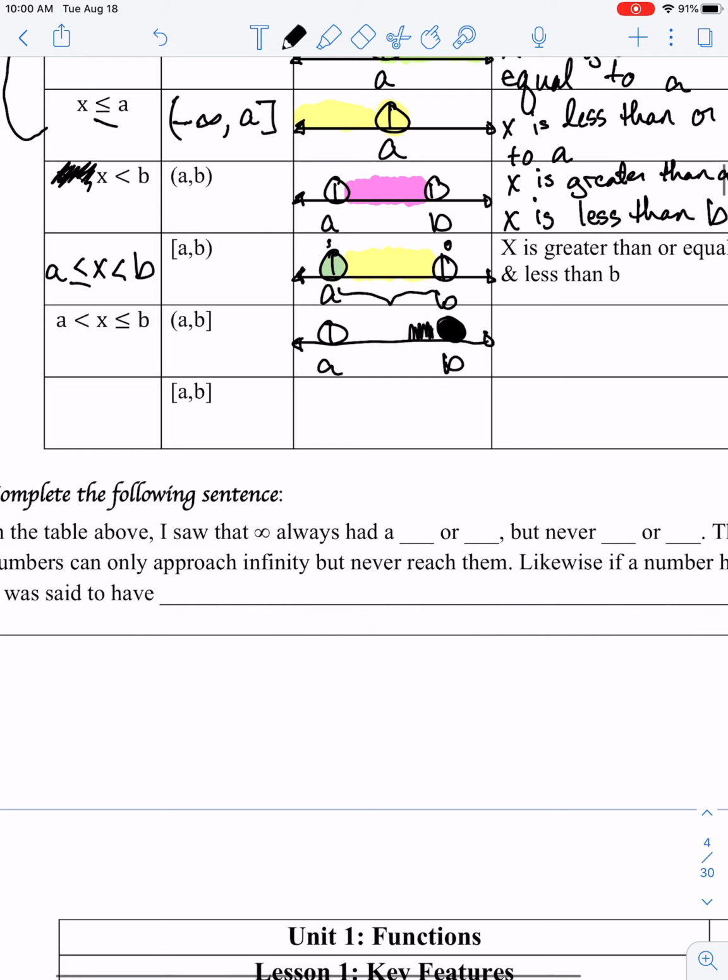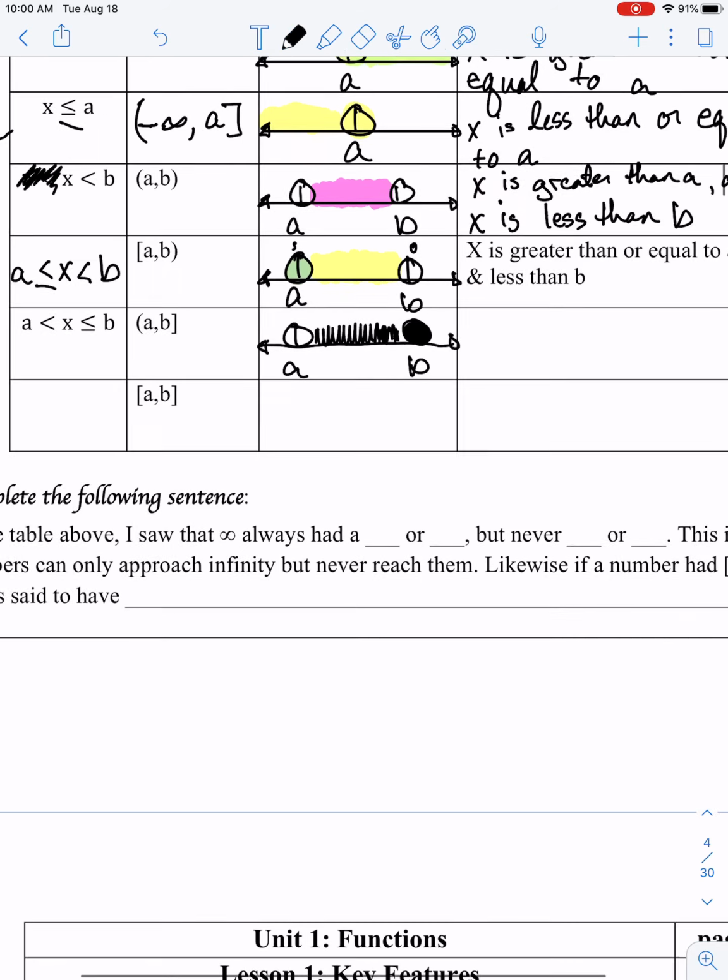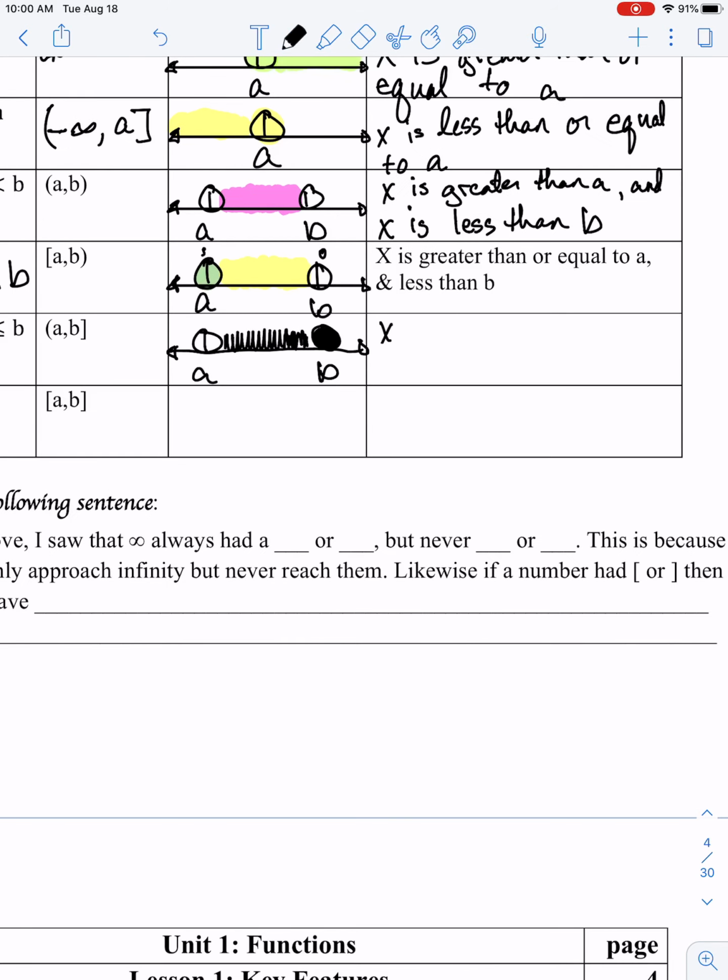But X is bigger than A, so I'm going to go to the right. And that's my shading. Again, X is greater than A, and X is less than or equal to B.